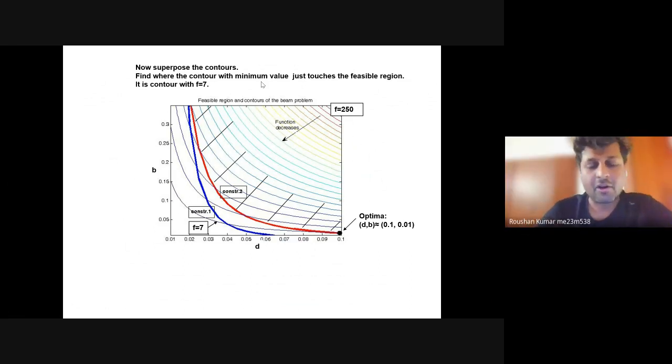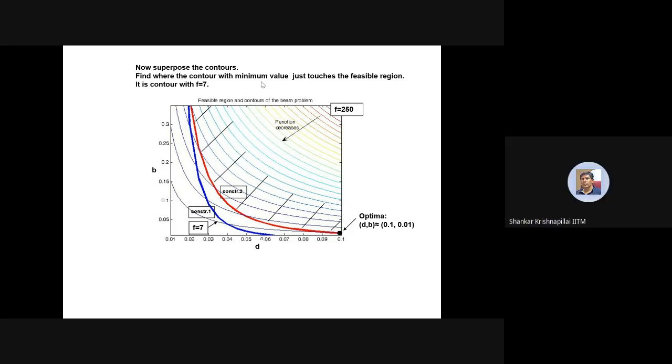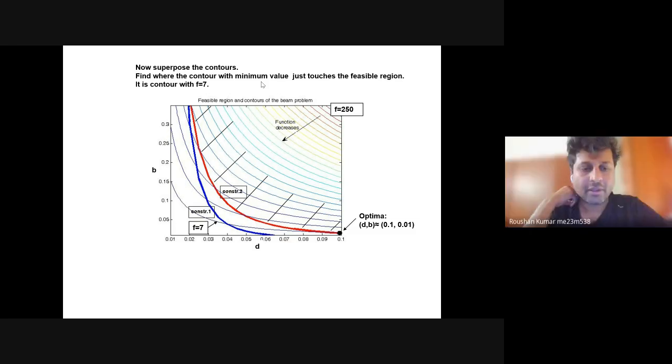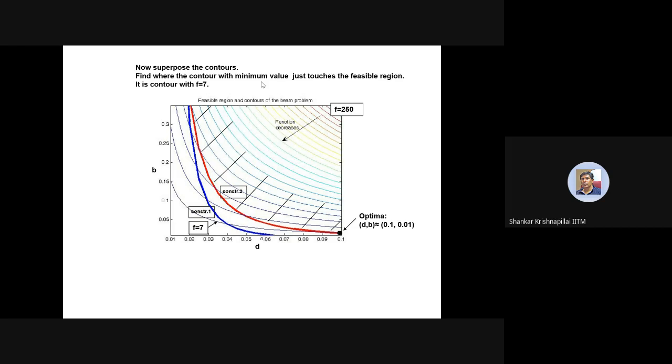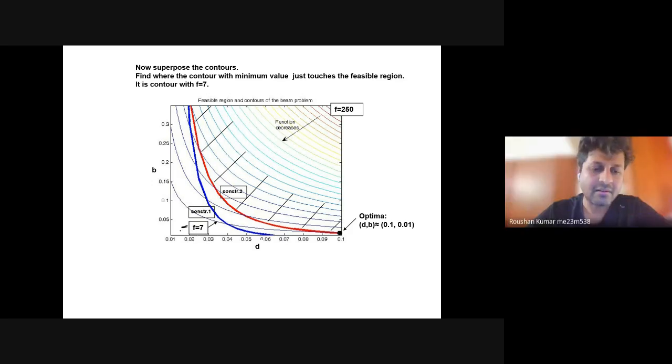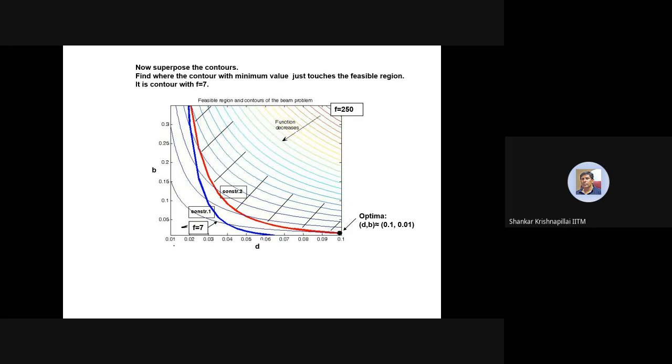Now applying the similar concept, sir, if I use the minus fx function to maximize the weight, how can it be justified? You have to draw the contours for minus of f. So it will be the reverse of this, right, sir? This will be -7, and this will be -250.